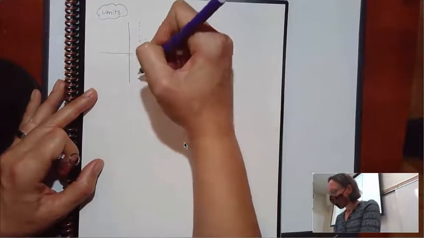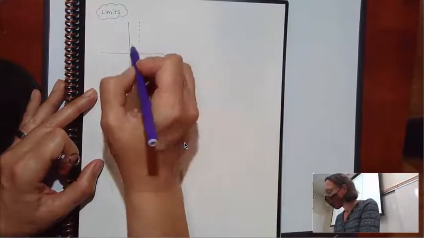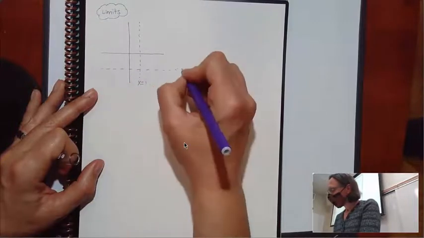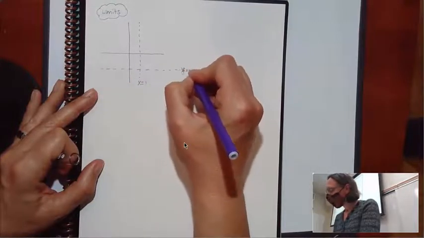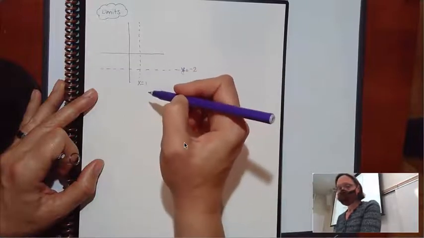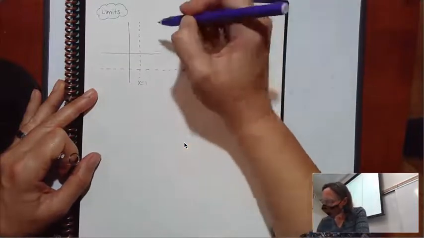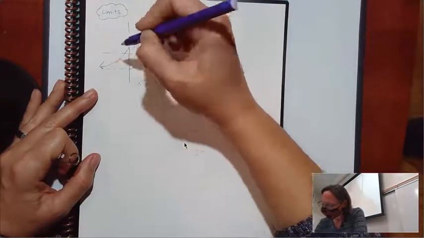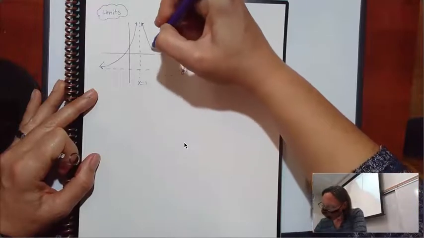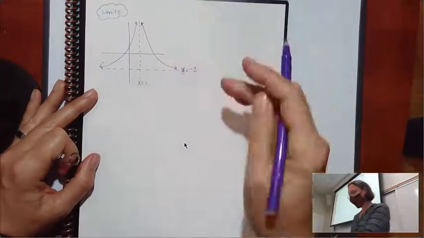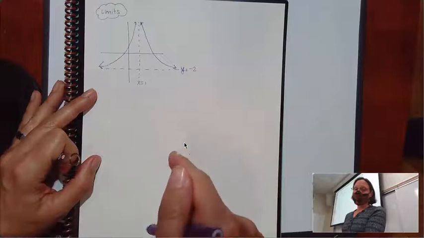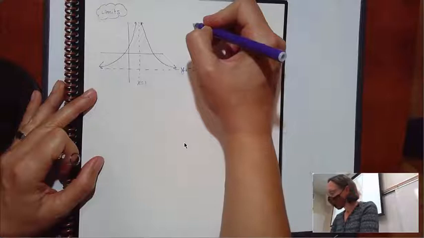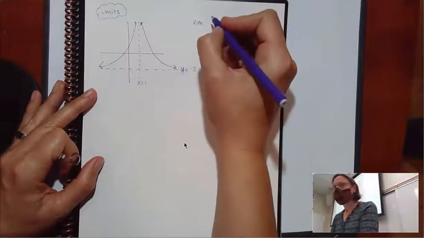So that's going to be x equal to 1. That's going to be y equal to -2. I'm not actually going to tell you what the function is, but using the graph, see if you can come up with values for these limits.